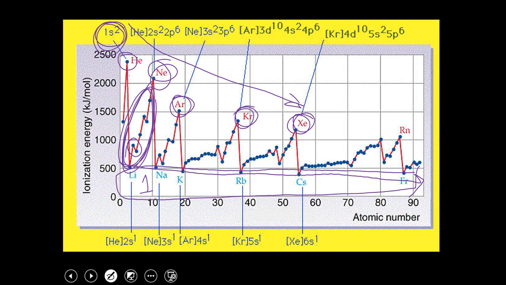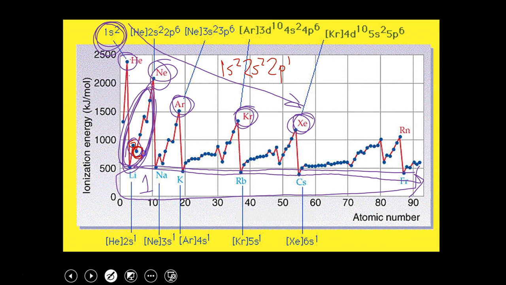Now what's up with this dip here? If we were to draw it out, let's see, lithium is 1s2 2s1. Then beryllium is 2s2, boron is 2p1.